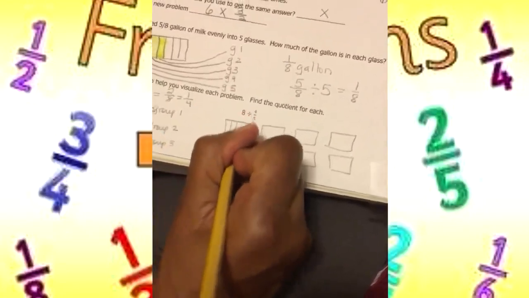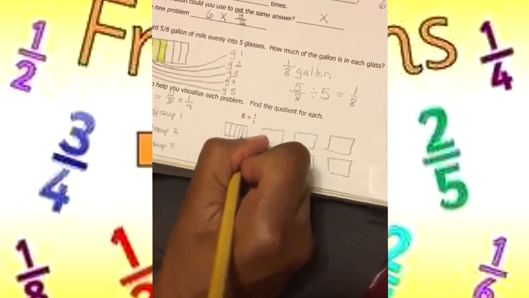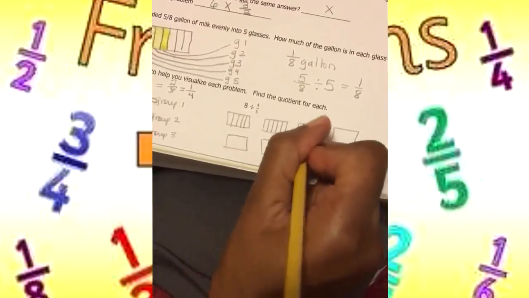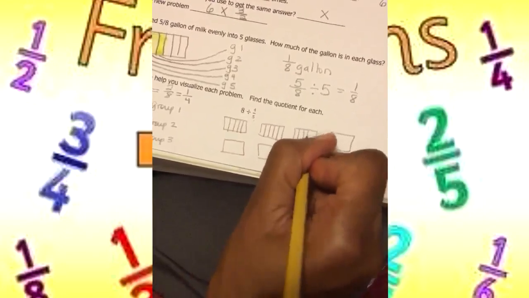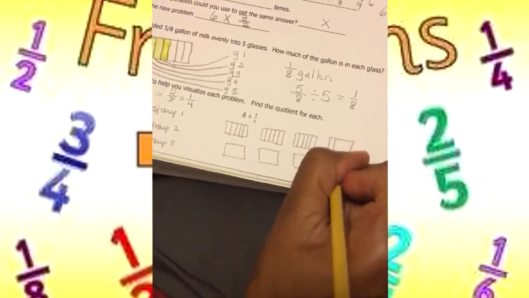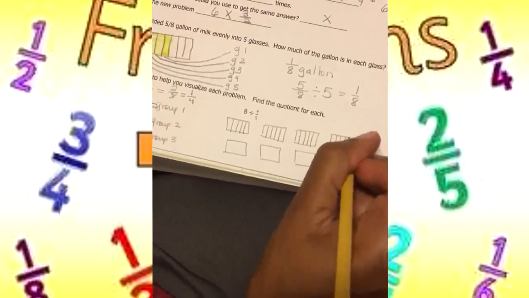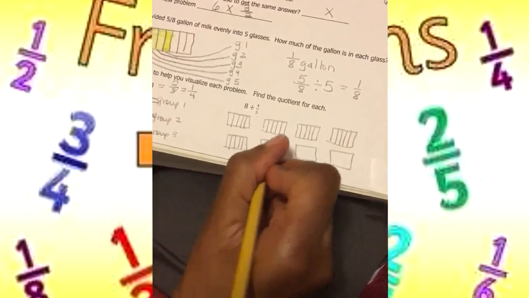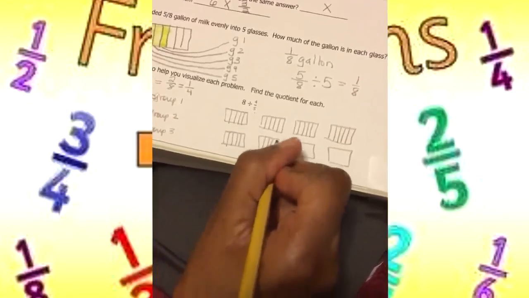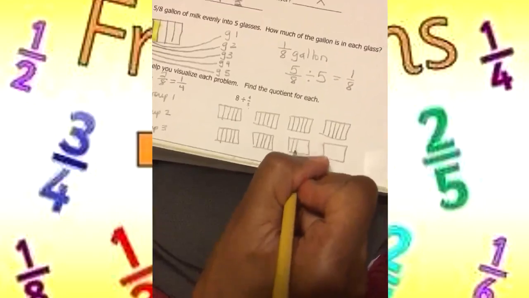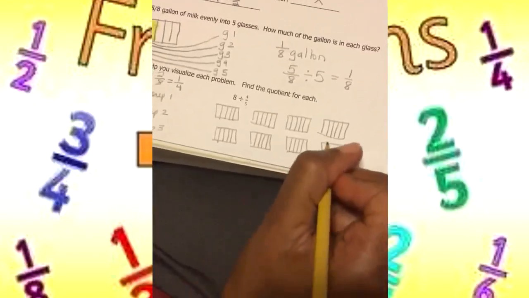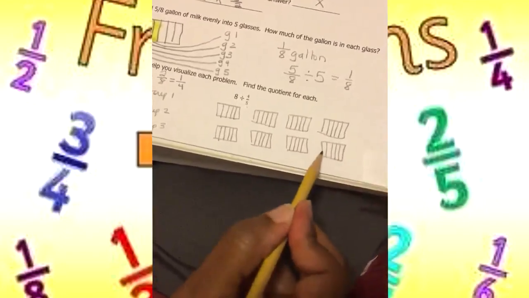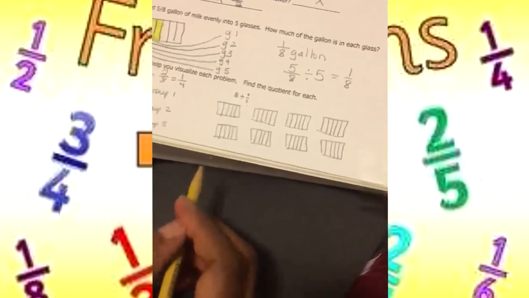So 1, 2, 3, 4, 5. It takes a while to get through that. All right, so 1, 2, 3, 4, 5 equal pieces in each group.